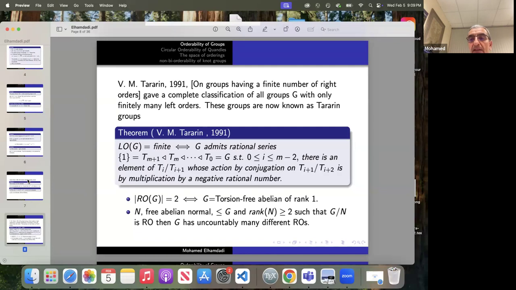These groups are known as Tararin groups, and his theorem states that if you have a group G, the set of left orderings will be finite if and only if G admits a rational series T_n+1, normal subgroup of T_n, down to the last one T_0, which is G, such that there is an element of the quotient T_i by T_i+1 whose action by conjugation on T_i+1 quotient by T_i+2 is by multiplication by a negative rational number.